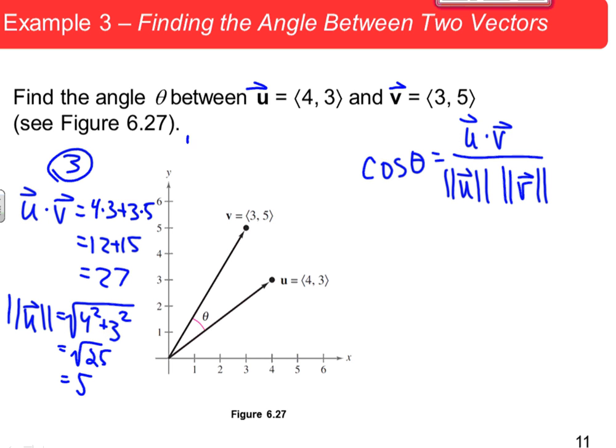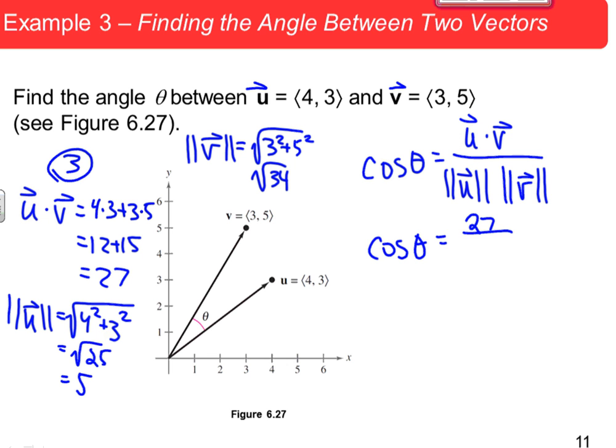And then the magnitude of v is the square root of 3 squared plus 5 squared. This one isn't quite as handy. 9 plus 25, so it's the square root of 34. And I don't even think we can put that in simple radical form. It is what it is. So then the cosine of theta is 27 over 5 times the square root of 34.